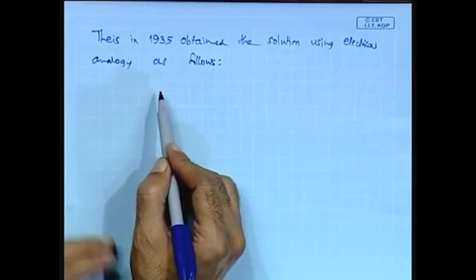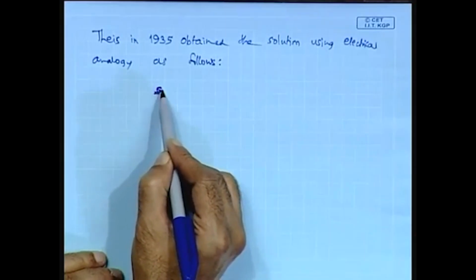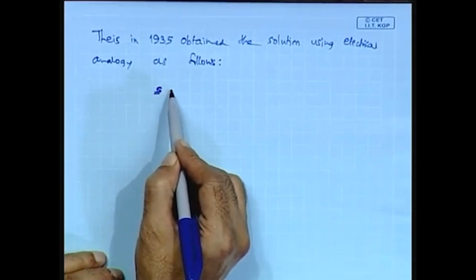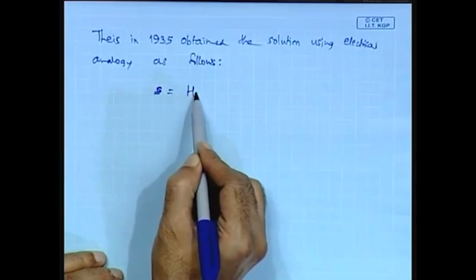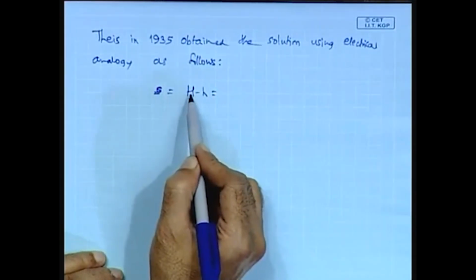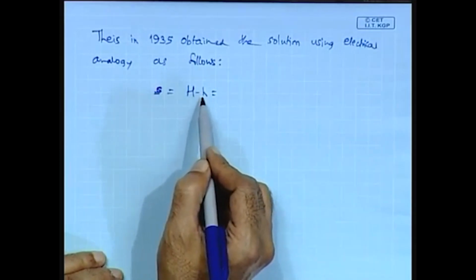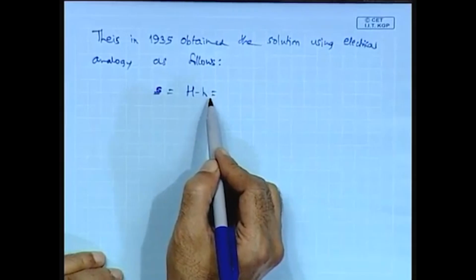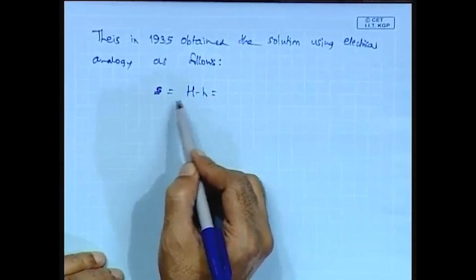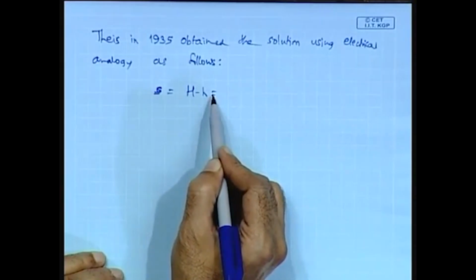So, the equation is for the variable drawdown s, which is equal to capital H minus small h, the constant piezometric head minus the variable head of the drawdown curve h, measured with respect to the bottom impervious layer of the confined aquifer.